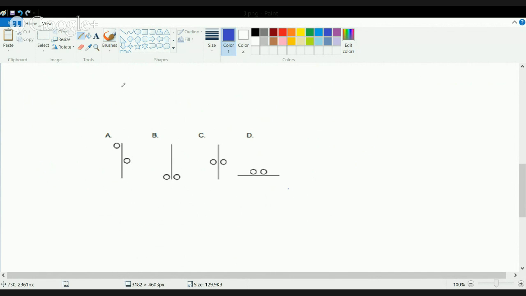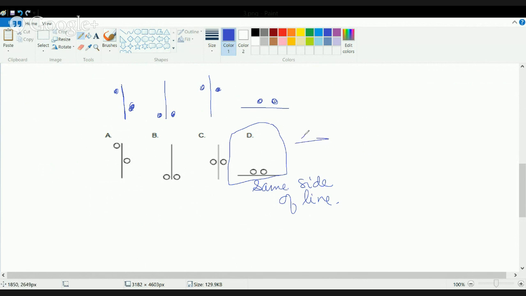In the first figure, the two circles are located opposite to the line. In the second figure again, they are located opposite to the line. Here again they are located opposite to the line, but only in choice D they are located on the same side of the line. So this is the reason why D becomes the odd man out.